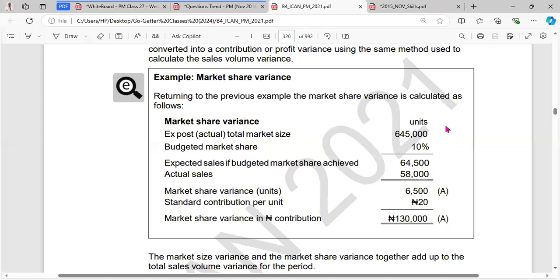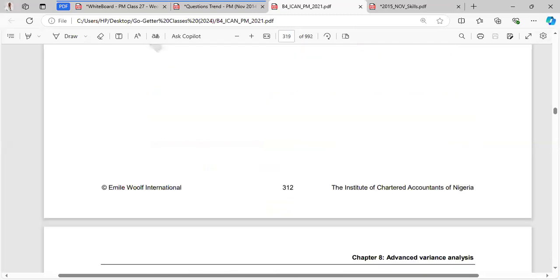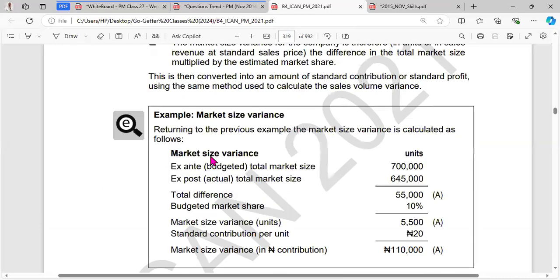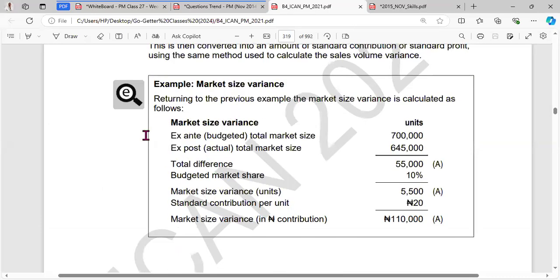So note the two ways in which it is done here. For market size, you bring the actual market size that's up, the budgeted market size that is down, to find the difference, then take the budgeted share of the market to find your variance for yourself.